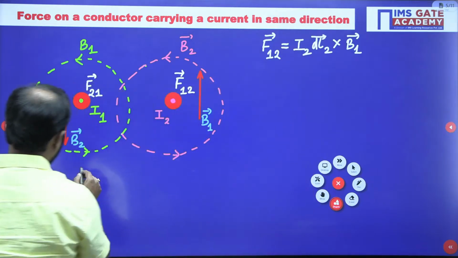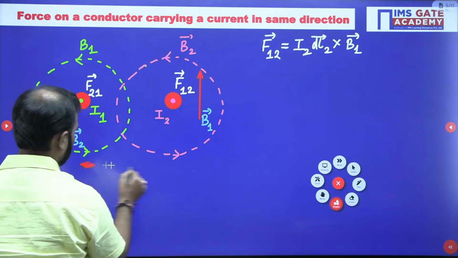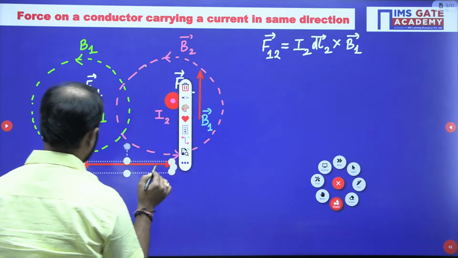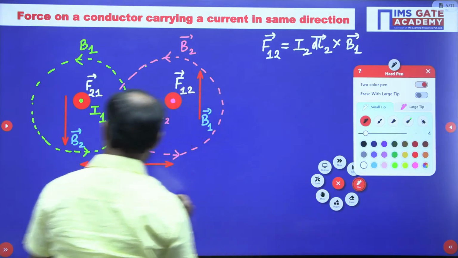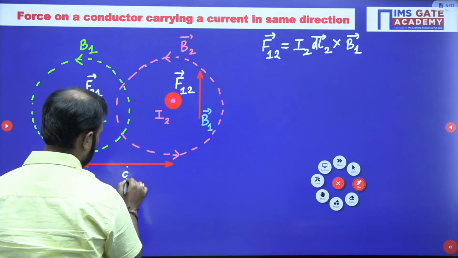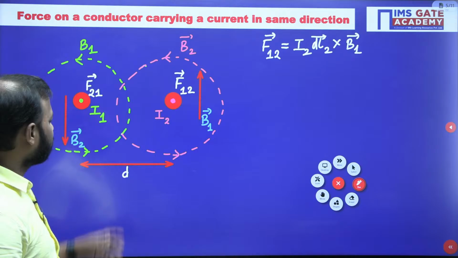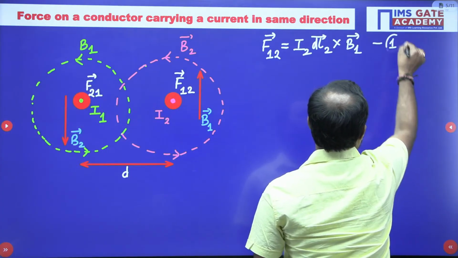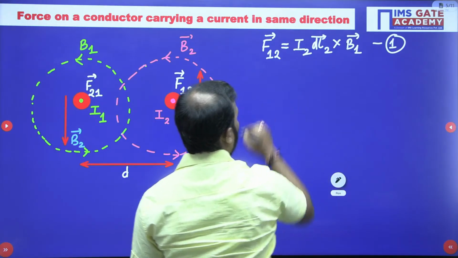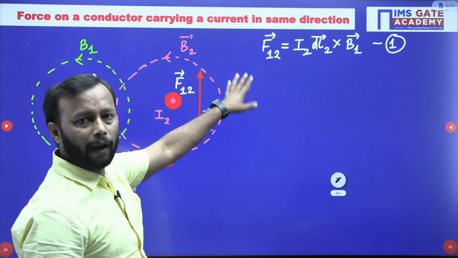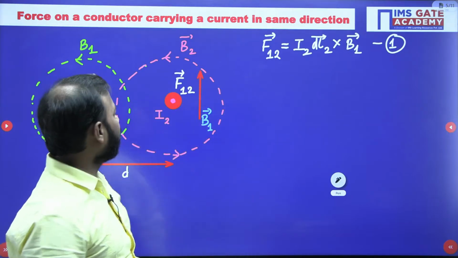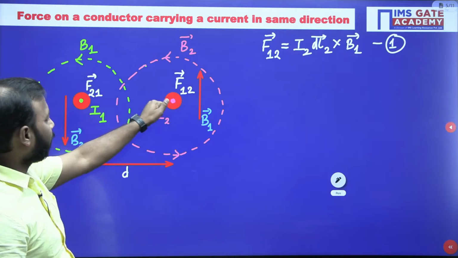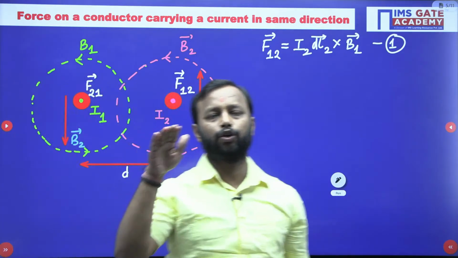Now, let me take a distance from center to center. This distance is D. Now, my dear friend, let me take equation 1. See, F12, the force direction, how can we get? I2 dL2, so this is I2 and current is outward. So, it is towards you, है ना?